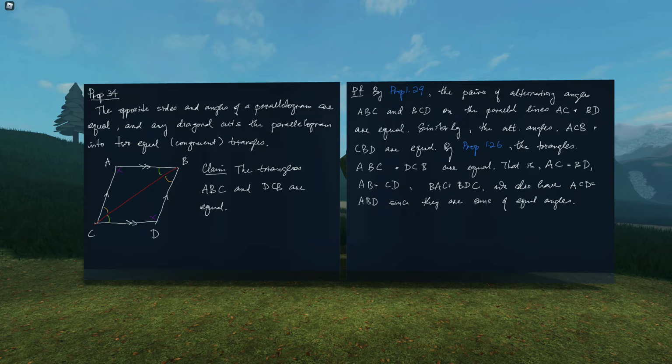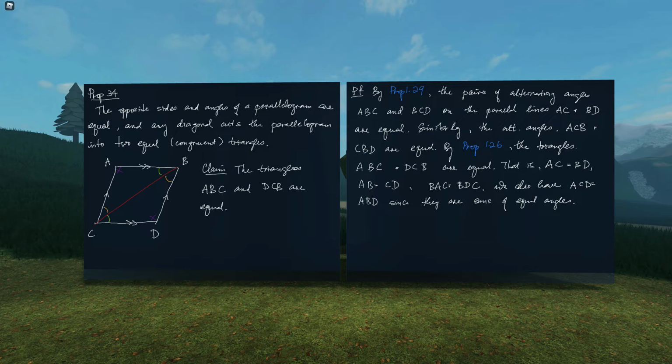In the text, Euclid gives an additional argument using proposition 4 that ABC and DCB are equal using another test for congruent triangles, and the test here is two sides and the included angle.